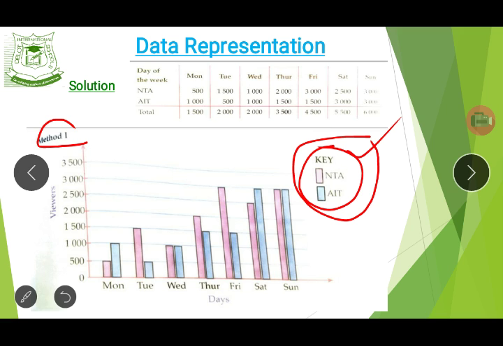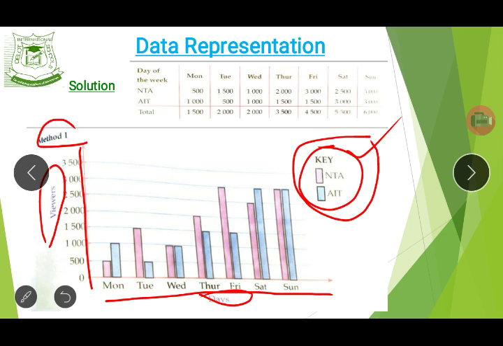Okay, so you can see on our y-axis we have the number of viewers, and then on our x-axis we have the days. We have Monday, Tuesday, Wednesday, Thursday, Friday, Saturday, and Sunday. Then we have from 0 to 3,500 viewers in a day.